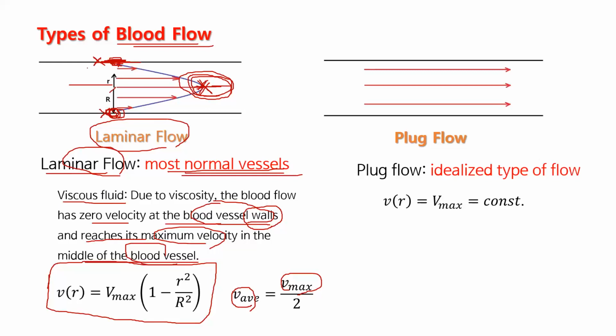So at the center, r equals 0, small r equals 0, so velocity of blood will be maximum. And at the walls of the blood vessel, small r equals large R, so we have zero velocity.